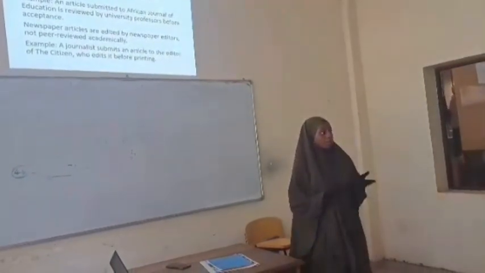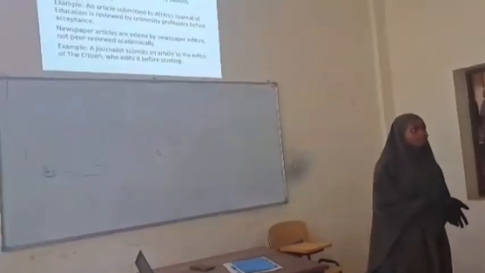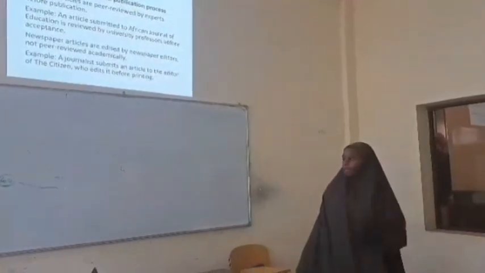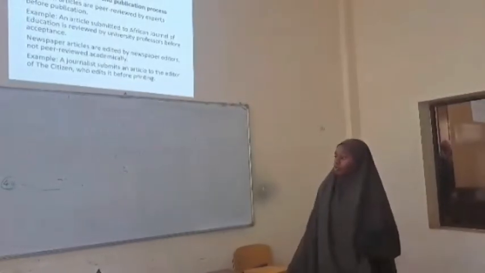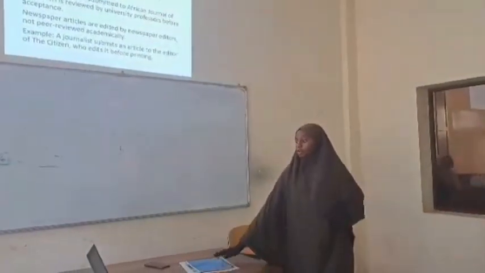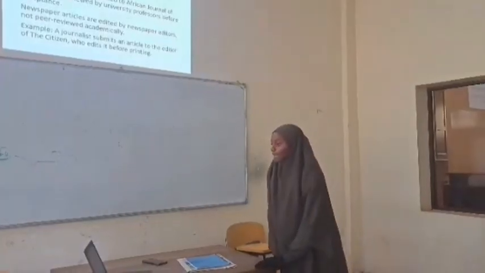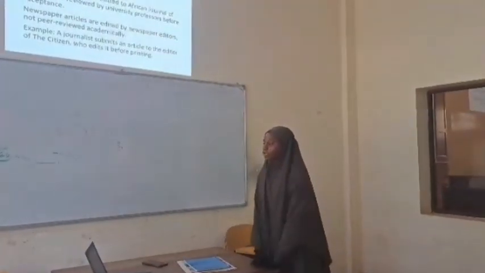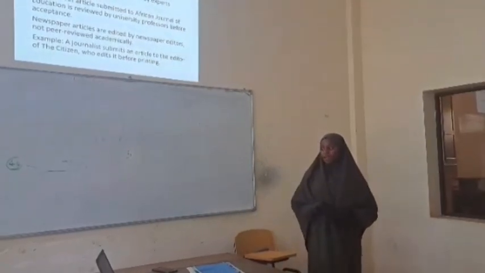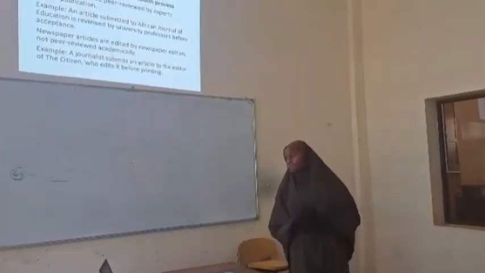Even when we do our research or projects, we are supposed to give our teachers and other experts so as to review before publishing our projects or research. Example, an article submitted to African Journal of Education is reviewed by a university professor before acceptance.